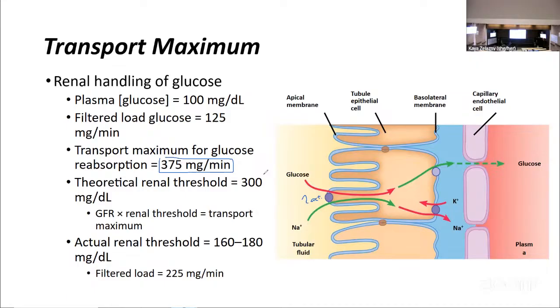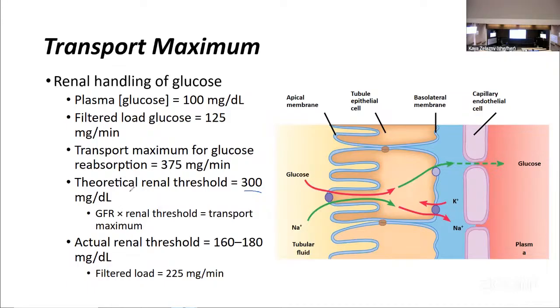So when we think about this, convert it back to our deciliter values, and we get a theoretical renal threshold, so a blood content of glucose in the plasma, of 300 milligrams per deciliter. This is the amount that your plasma glucose would have to get to before we equal out that transport maximum.